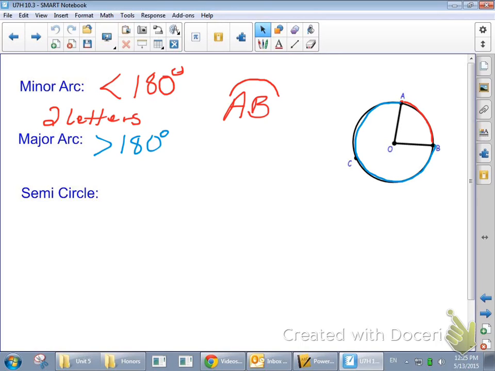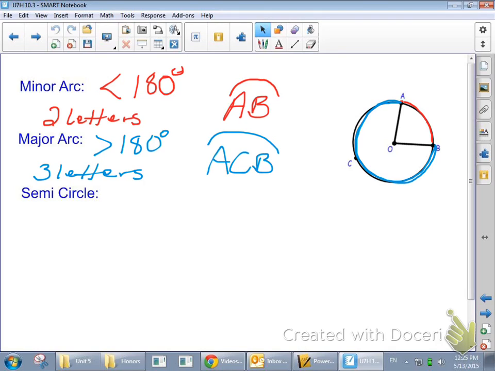It's greater than 180 degrees, its notation uses 3 letters, and it would be called, in this case, arc ACB. The way I think of this is it starts at A, goes through C all the way around to B. So this is where we're just talking about the arc.